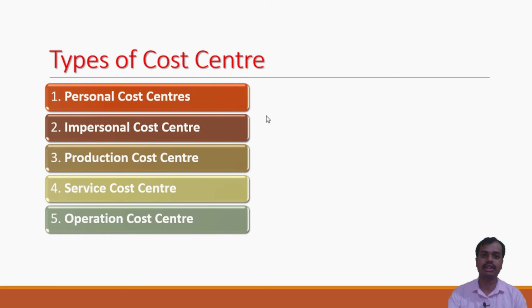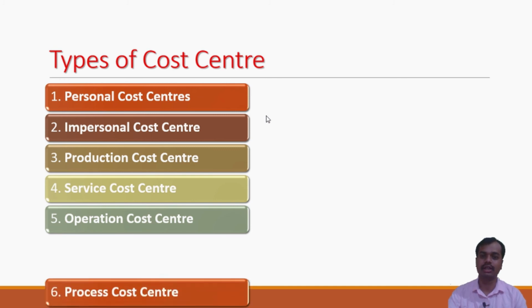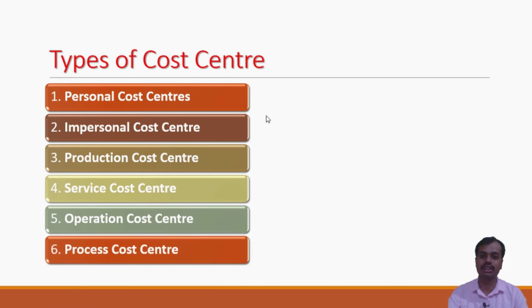A center consisting of machines and or persons carrying out similar operations. And the last type of cost center is process cost center. A center consisting of those engaged in a specific process of manufacturing of a product.